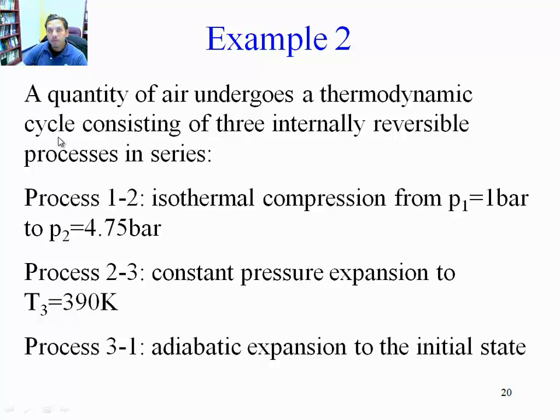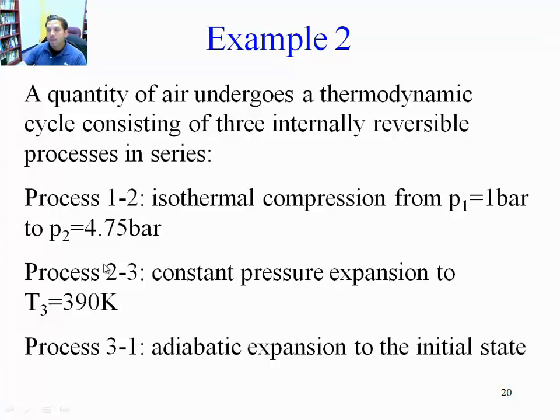So it's a set of processes leading to the initial state and consisting of 3 internally reversible processes. The process 1 to 2 is an isothermal compression from a pressure of 1 bar to a pressure of 4.75 bar. So we go from 1 bar to 4.75 bar at a constant temperature.